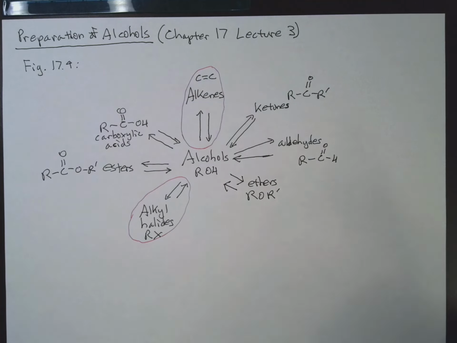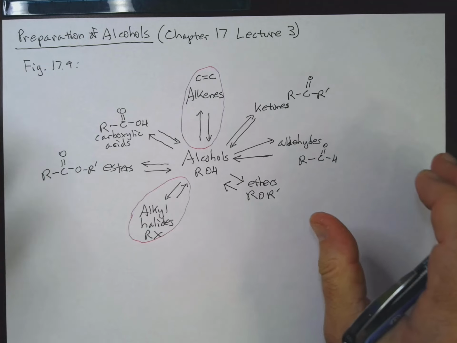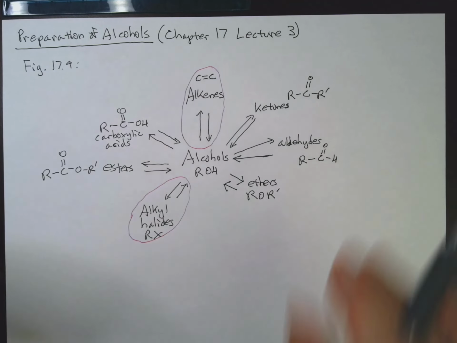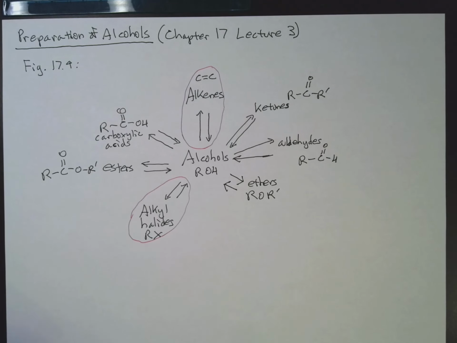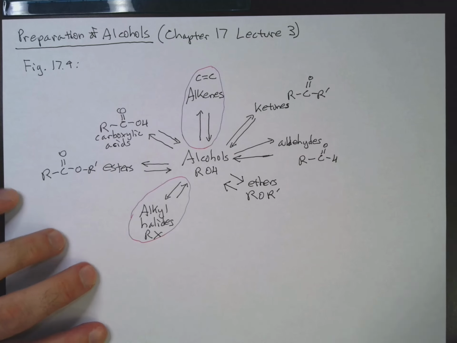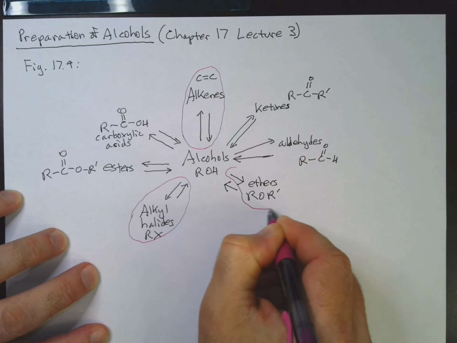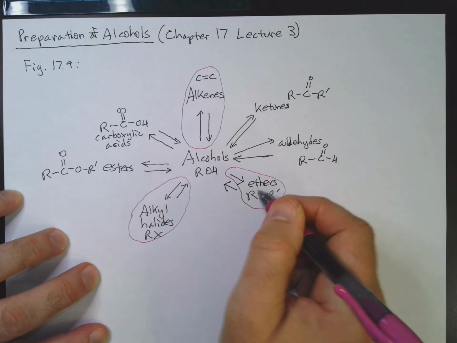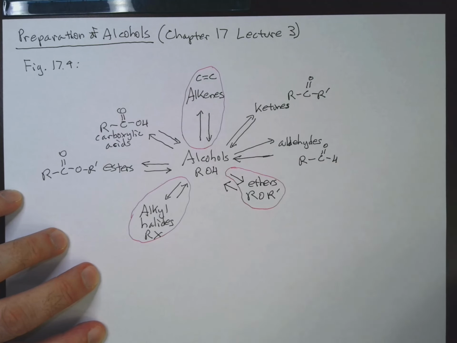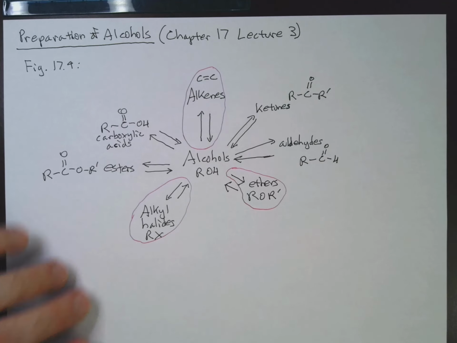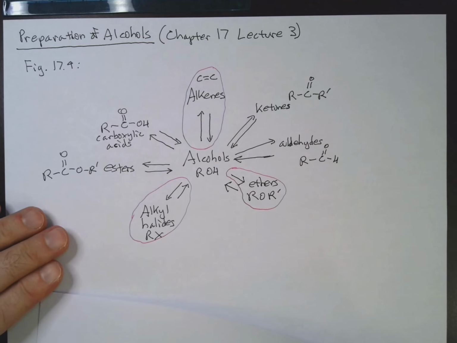Okay, I can show you a few, just to review a few of those reactions here. And what we've actually seen is we can convert an alcohol into an ether, although we haven't seen how to convert an ether into an alcohol. I'm not sure if I'll talk about that. Anyway.